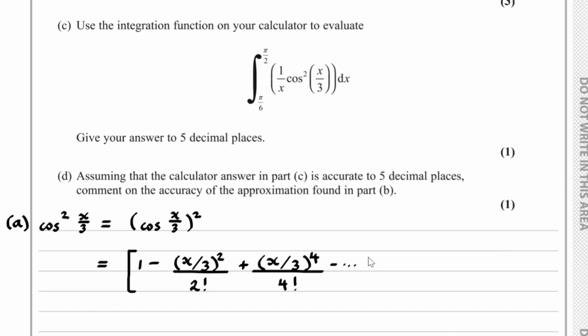Now this result here is being squared, so we're going to multiply this by itself.